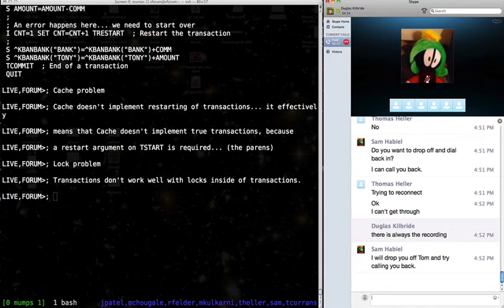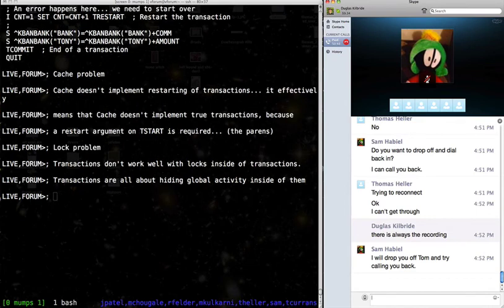So, the lock problem inside of transactions. Transactions are all about hiding global activity inside of them.